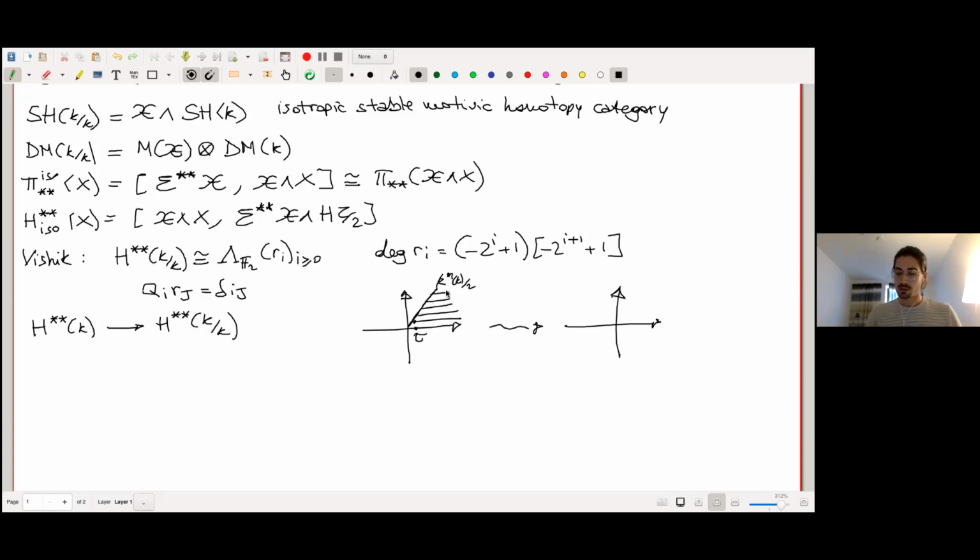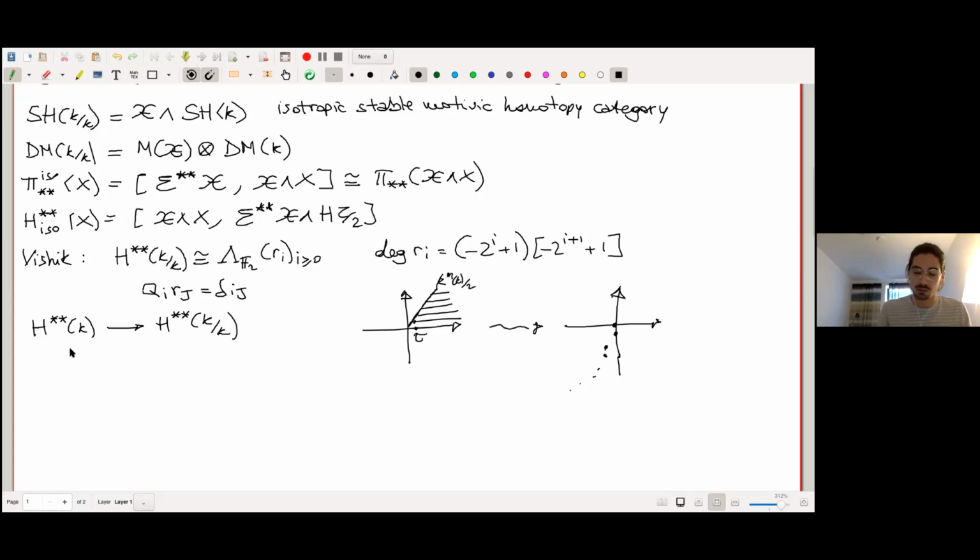On the other side, we have this isotropic picture, and it's discrete. It's a bunch of points in the third quadrant. We have 1, and then R0, R1, R01, etc. I just want to point out that by degree reasons, it is trivial everywhere but in bidegree (0,0).